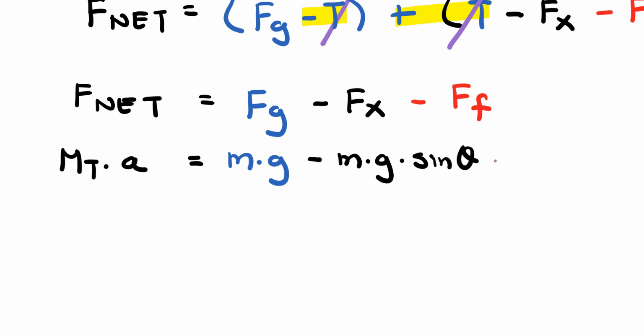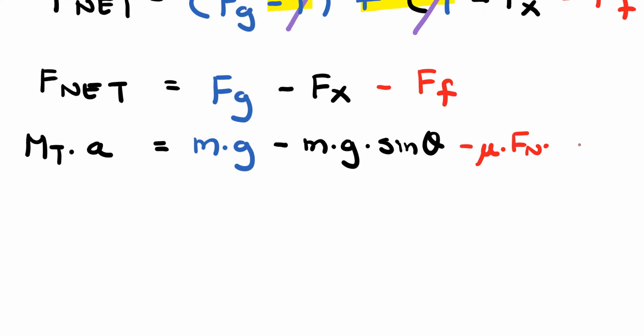And for your force of friction for these incline problems, it's always the coefficient of friction, which is mu, times Fn, the force normal, times cos of the angle. Okay, now we know Fn is the same thing as mg, or Fg, and Fg is the same thing as mg. So if I just erase the Fn, I can just write this as mu times mg times cos of the angle.